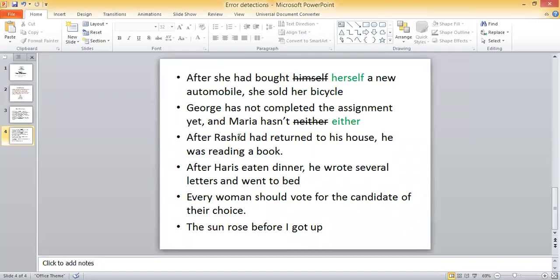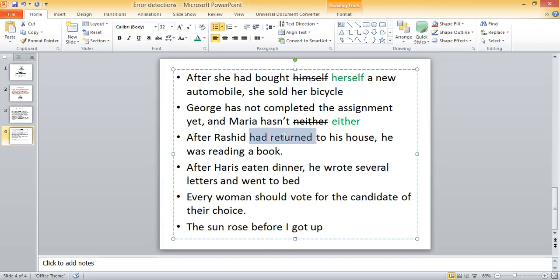So after Rashid had returned to his house, he was reading a book. अब यहाँ पे there's the issue of tenses कि आपका जो हमने ये आपने बात पढ़ी होगी कहाँ पे डायरेक्ट और इनडायरेक्ट में. राइट. डायरेक्ट और इनडायरेक्ट में कि अगर आपका पहला सेंटेंस क्या हो, पास्ट परफेक्ट में हो तो अगला वाला पास्ट परफेक्ट कॉन्टिन्यूस में होगा.